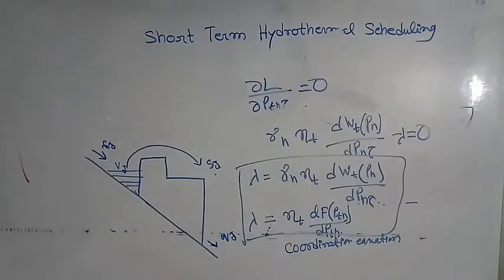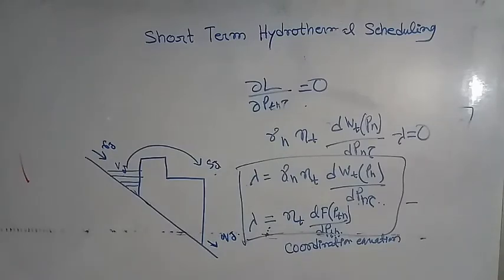For starting the computation, the available data should be: first, hourly fuel availability at each steam plant, fuel price at each steam plant, incremental heat rate curve for each steam unit, hourly hydro and steam unit availability, and minimum and maximum capability, that is, PGI should be greater than or equal to PGI min and less than or equal to PGI max, and QGI should be greater than or equal to QGI min and less than or equal to QGI max.